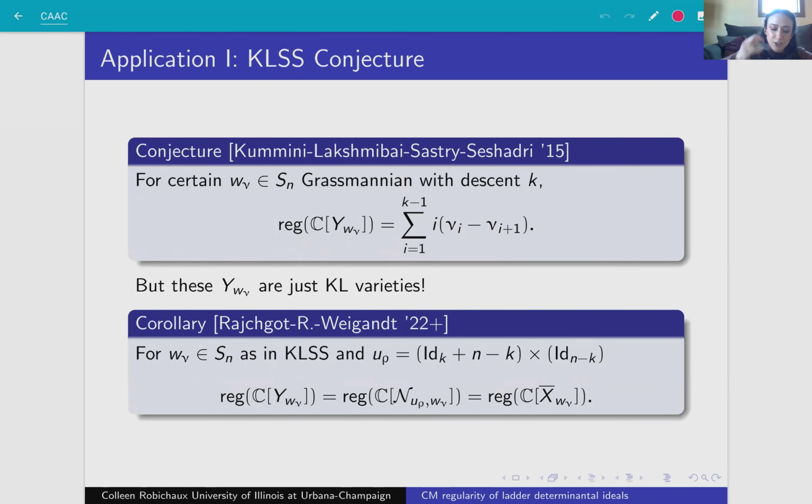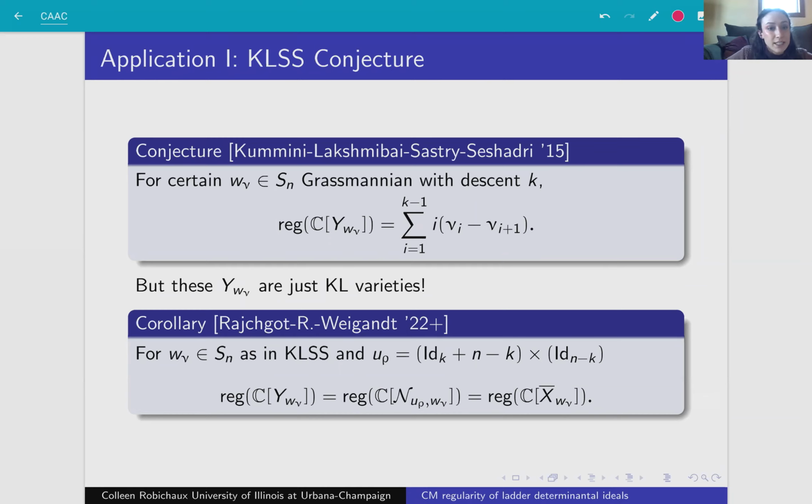But their conjecture was really attractive. They conjectured that if you look at the partition corresponding to the Grassmannian permutation indexing the variety they were studying, the regularity is going to be some weighted sum of the differences between consecutive entries in that partition.